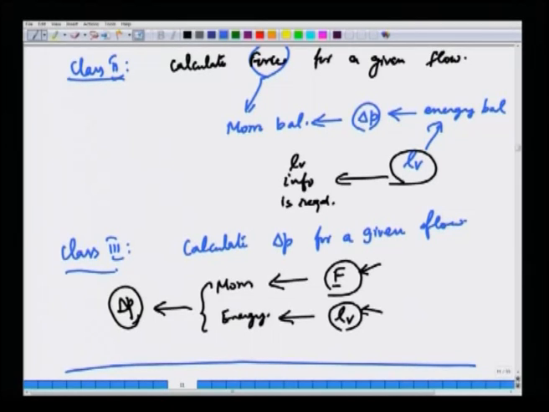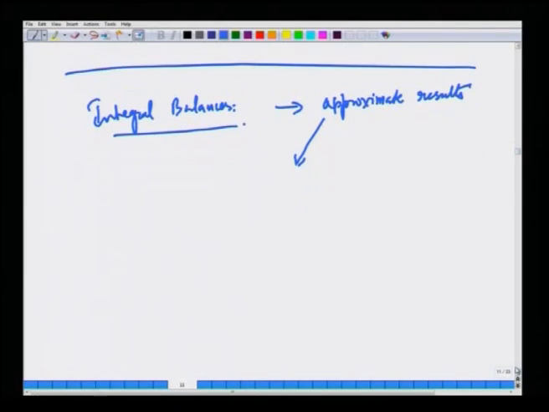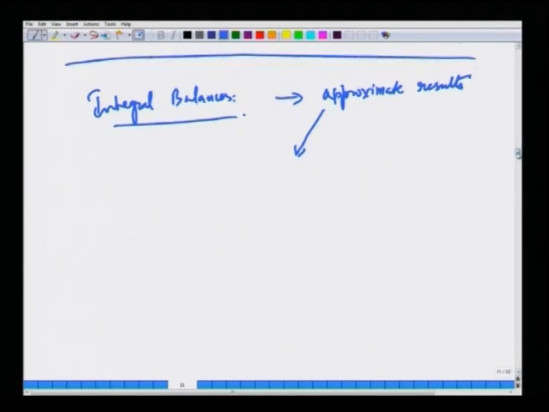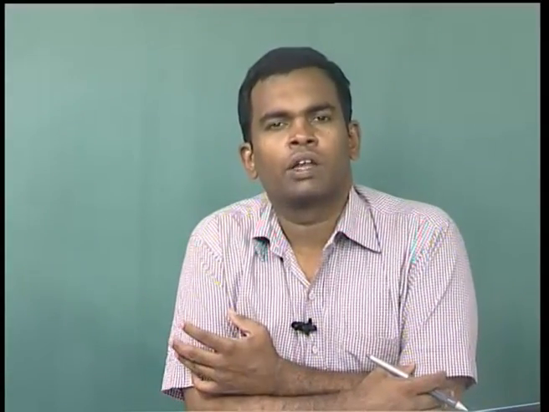And we just pointed out that the integral balances give you only approximate results. They will not give you exact results, because many of the unknowns such as losses are known only approximately. But in many engineering applications these are fairly successful, primarily in getting a trend on various quantities such as flow rates or pressure drops, and with additional experimentation we may be able to understand the given engineering problem very well.